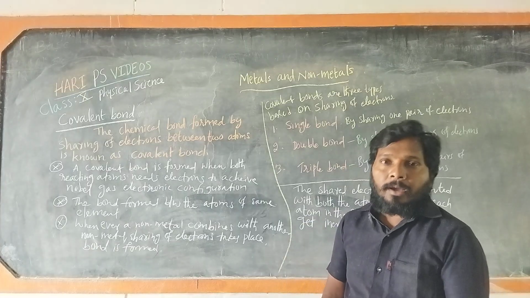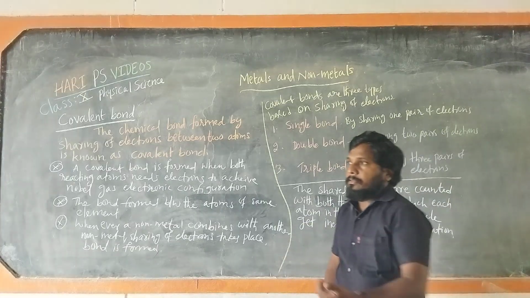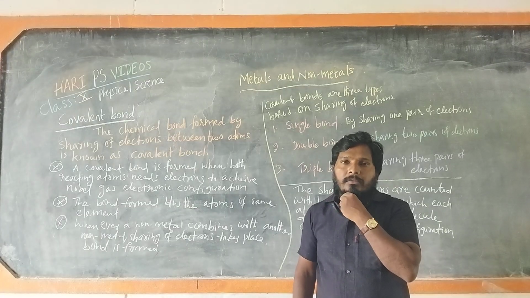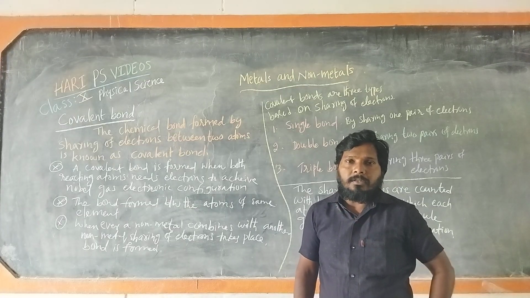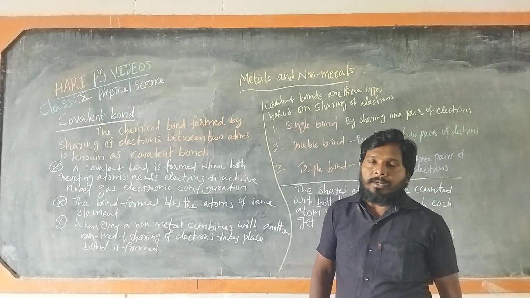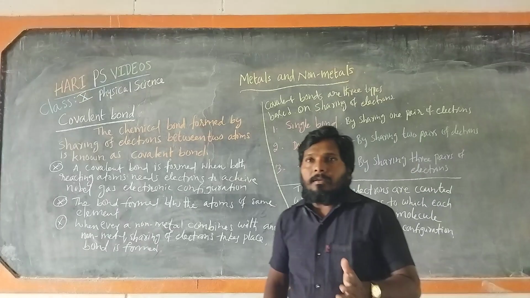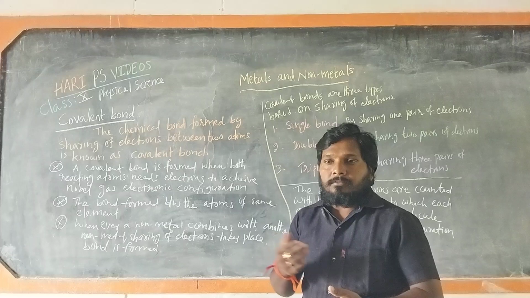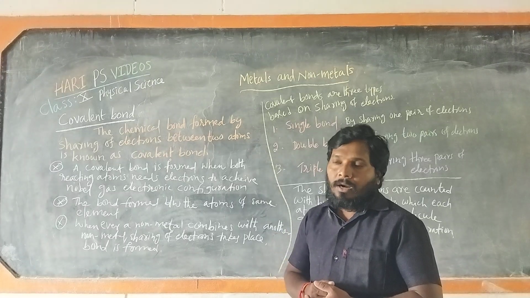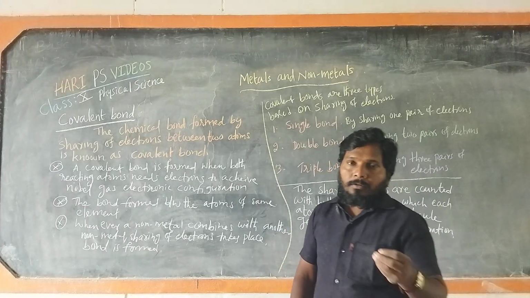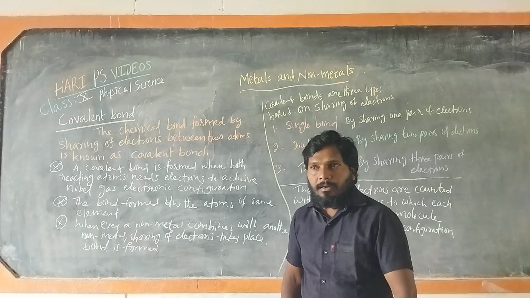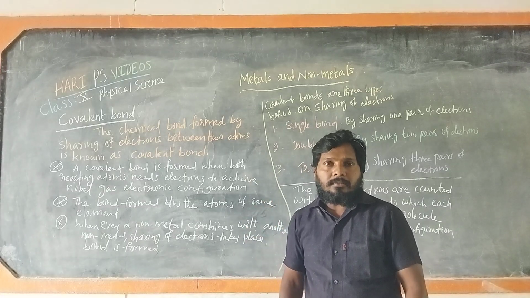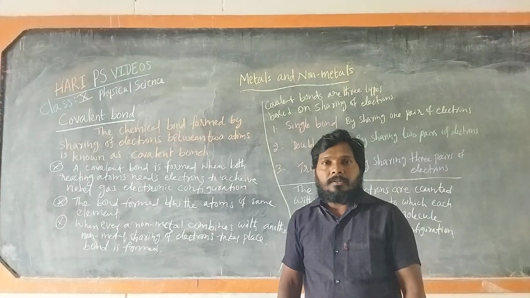So what is meant by covalent? As we discussed earlier, an ionic bond is formed between two atoms or elements when electrons are transferred. One atom transfers the electron to another atom. One atom loses the electron and forms a positively charged ion, which we call a cation.